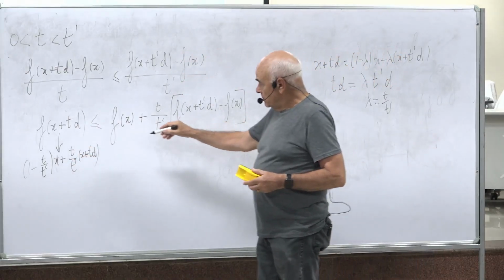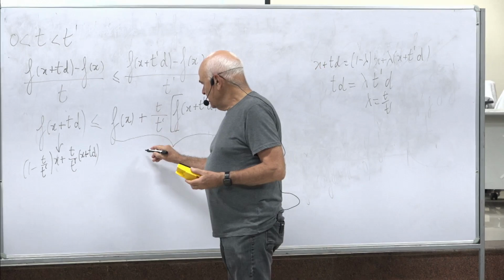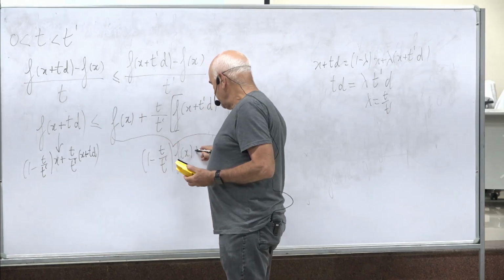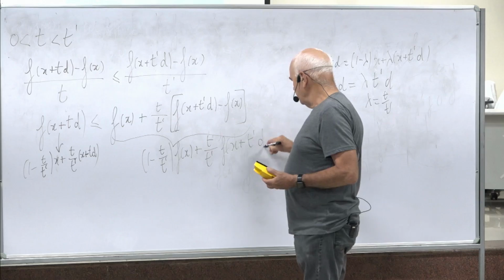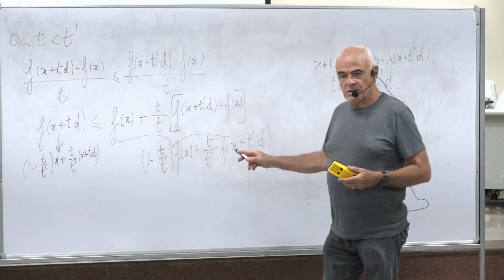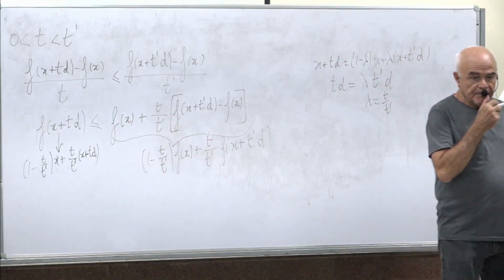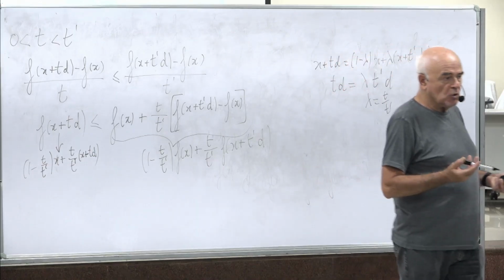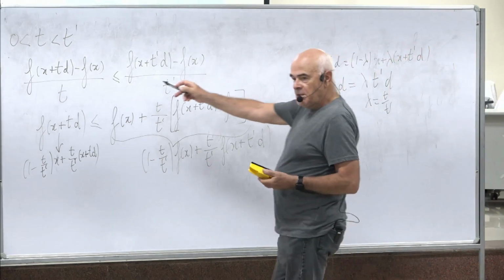And then if there is no mistake here, you can write the right-hand side as 1 minus t over t prime times f of x plus t over t prime times f of x plus t prime d. Is this correct? This is true because of convexity. f of the convex combination is less than or equal to the corresponding convex combination of the images. So what I said is true.